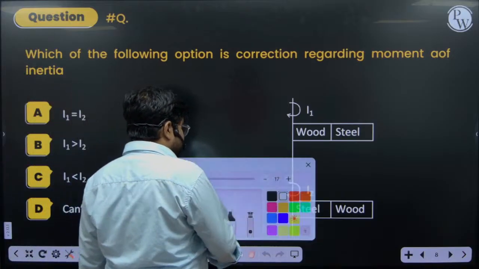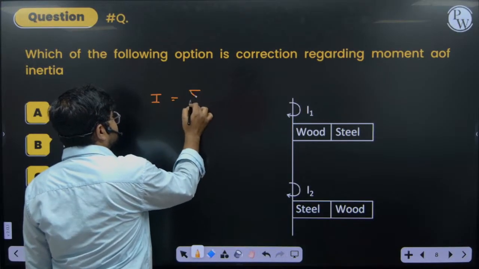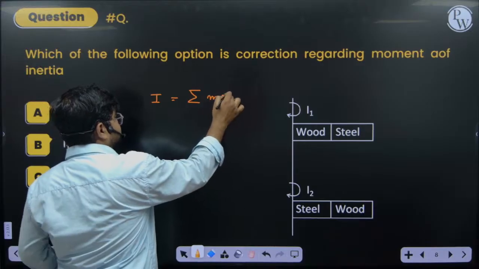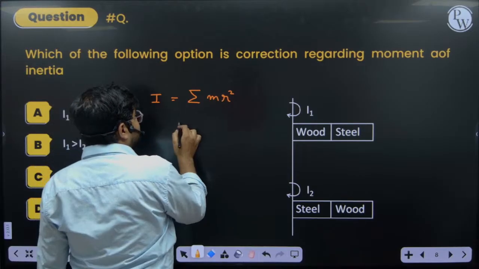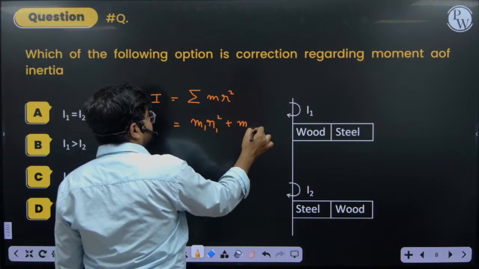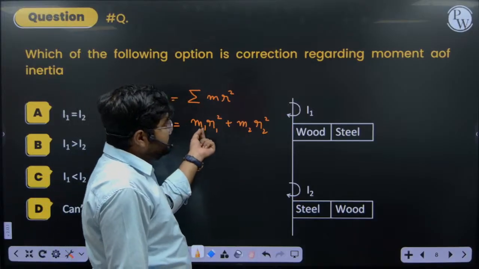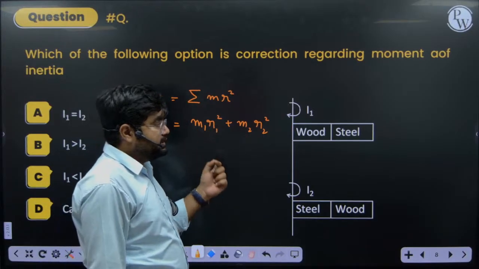If you see here, we know moment of inertia is summation m r square, right? So I can just say m1 r1 square plus m2 r2 square. Basically, it depends on the mass as well as the square of the distance.